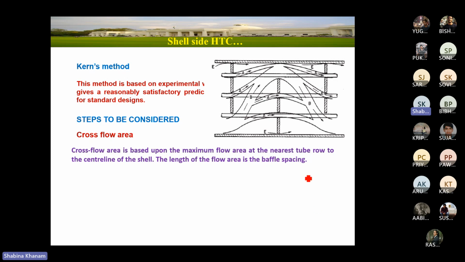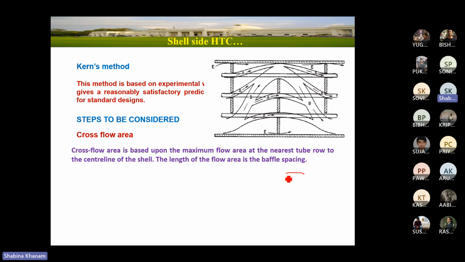Okay, if I consider the cross section, please bear with me, I'm not getting a perfect circle. So this is the cross section, and the central line means this line at the center.